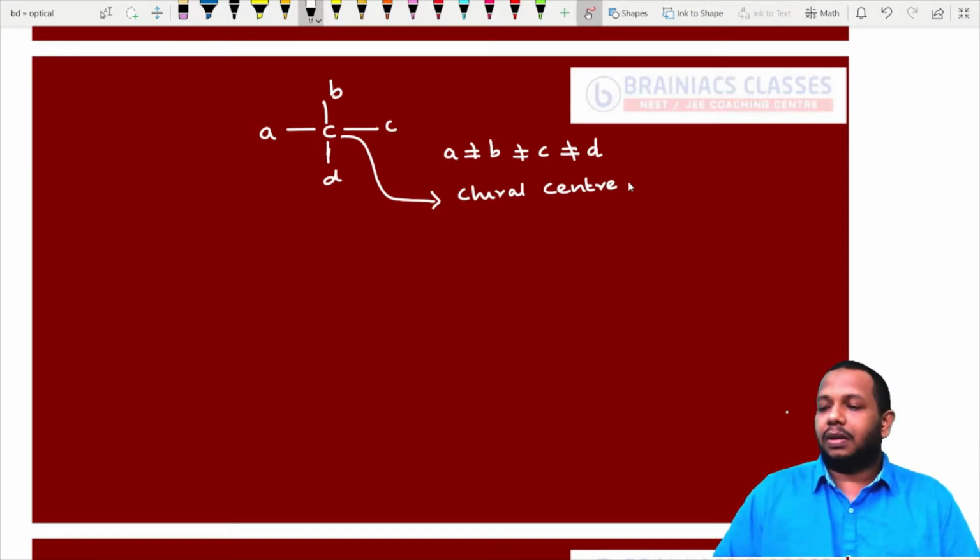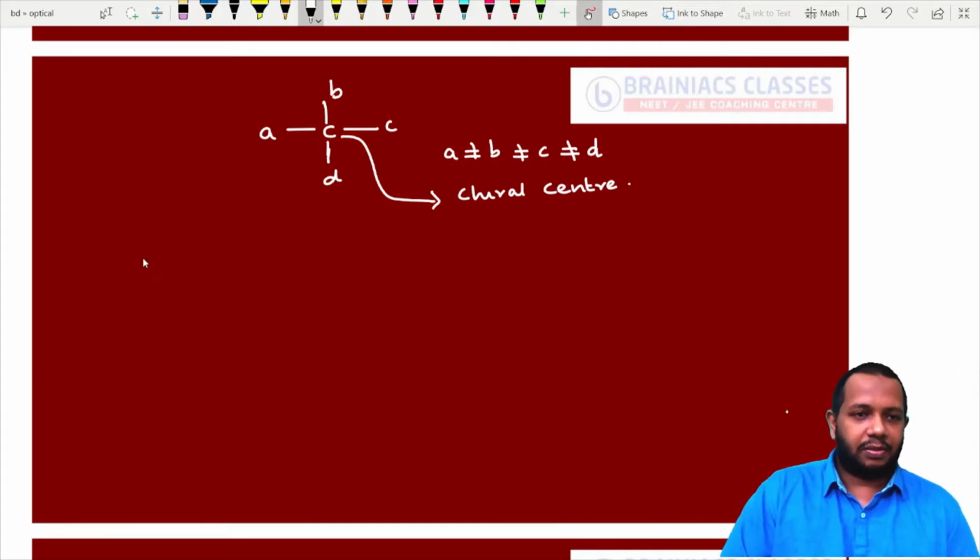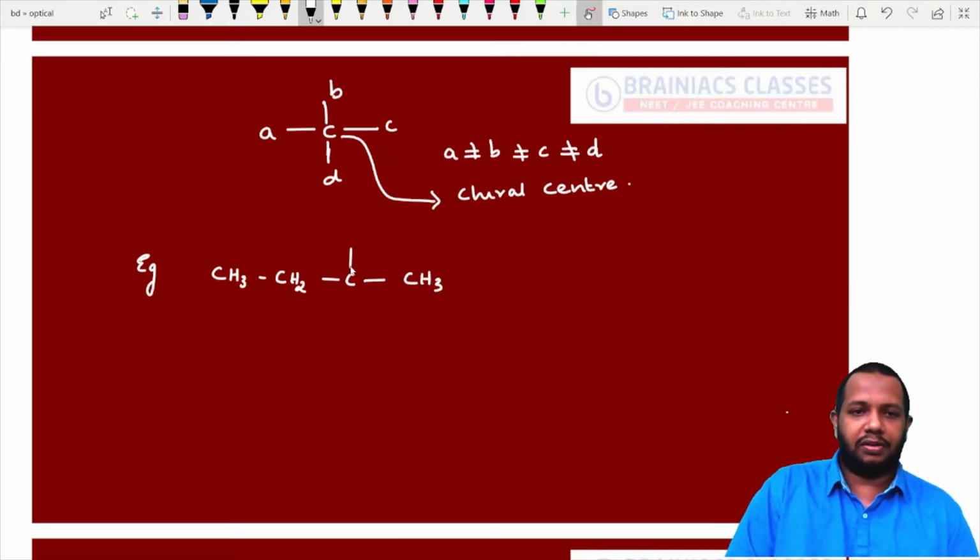Now let me take one more example. I could see more examples here. So what about this one? CH3, CH2. This is connected to a carbon, and this is connected to CH3, and this is connected to OH, and this is connected to hydrogen.